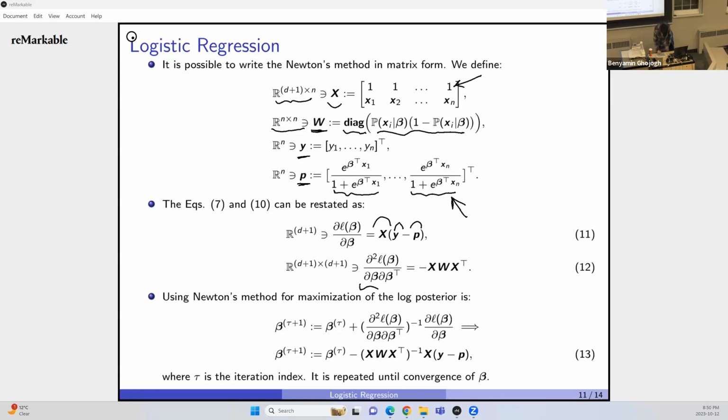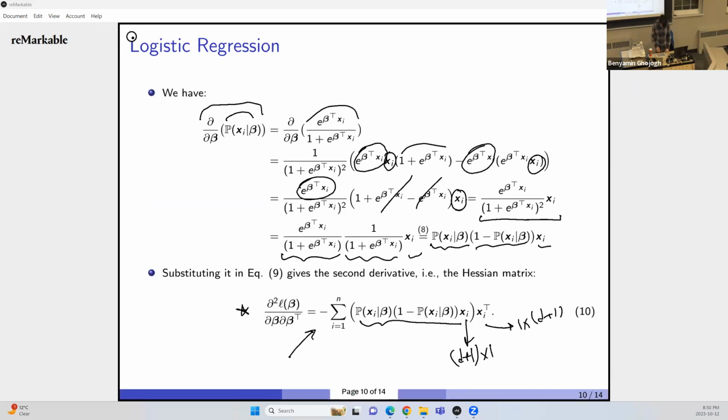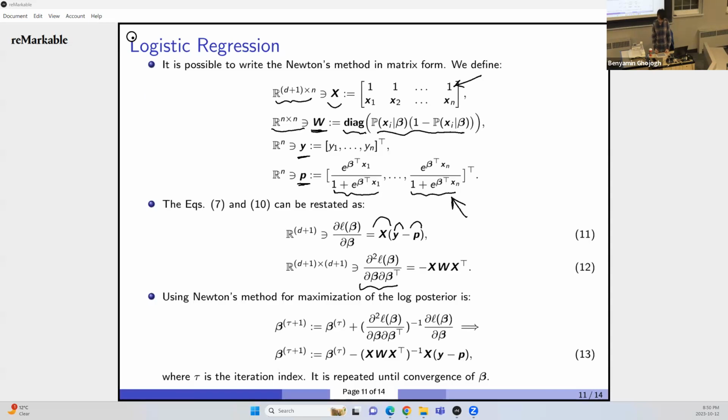Also, I have the Hessian. If you compare this element-wise Hessian, I have p times 1 minus p times x x transpose as a result, so it's quadratic with respect to x. So I'll have x transpose. In the middle I have W, which has these elements, right? Minus, right? Agree? So as a result, my Hessian is this, my first order derivative is this.